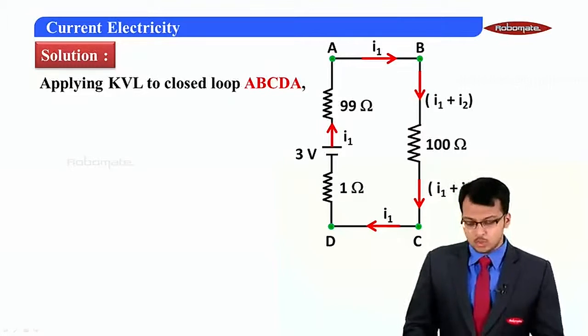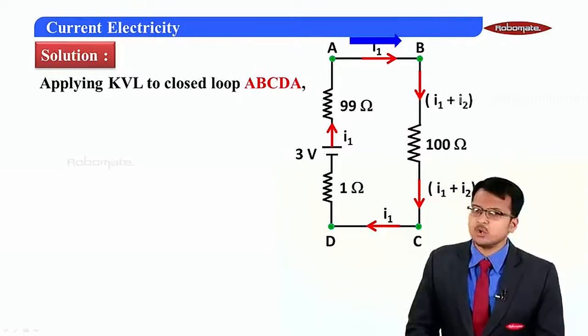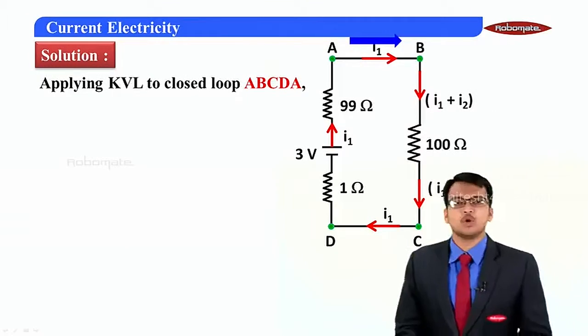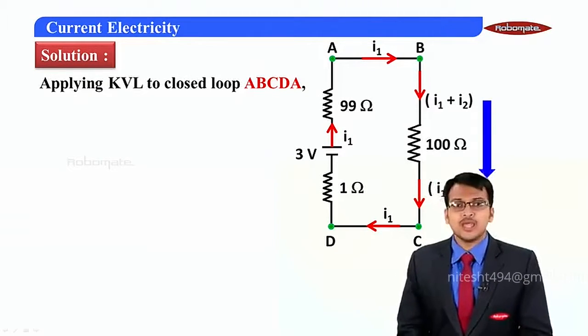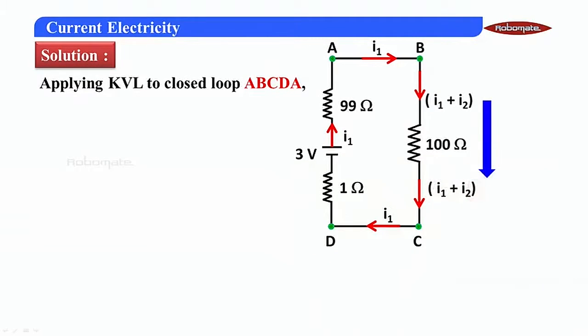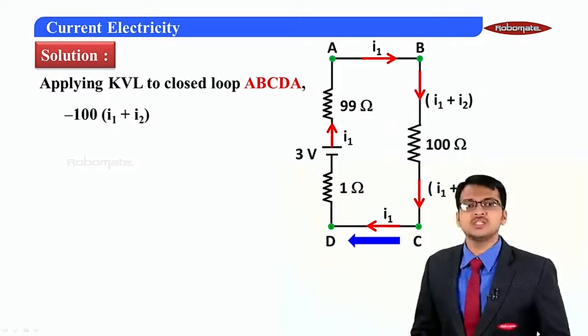Now let's apply. Do I have anything in branch AB? No, dear students, I don't have anything. I'm not going to apply KVL here. Do I have anything in branch BC? Yes, I have the 100 ohm resistance and the current is I1 plus I2. So the equation will be minus 100 times I1 plus I2. Do I have anything in CD? No, I don't have anything in branch CD.